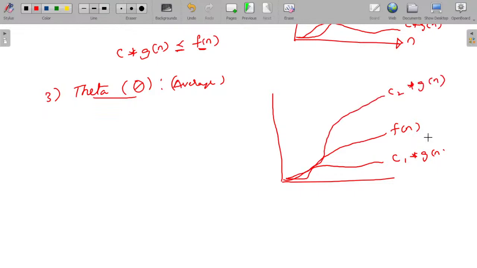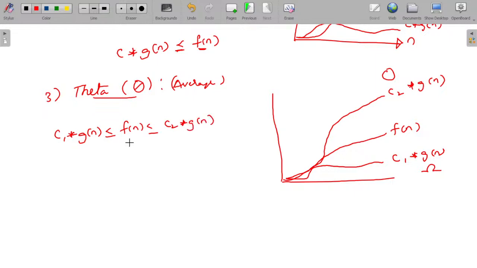So this is for big O notation and this is for omega notation, and both combined give us the theta notation. It can be represented as C1 into g of n is always less than or equal to the reality time f of n, and f of n is always less than or equal to C2 into g of n.